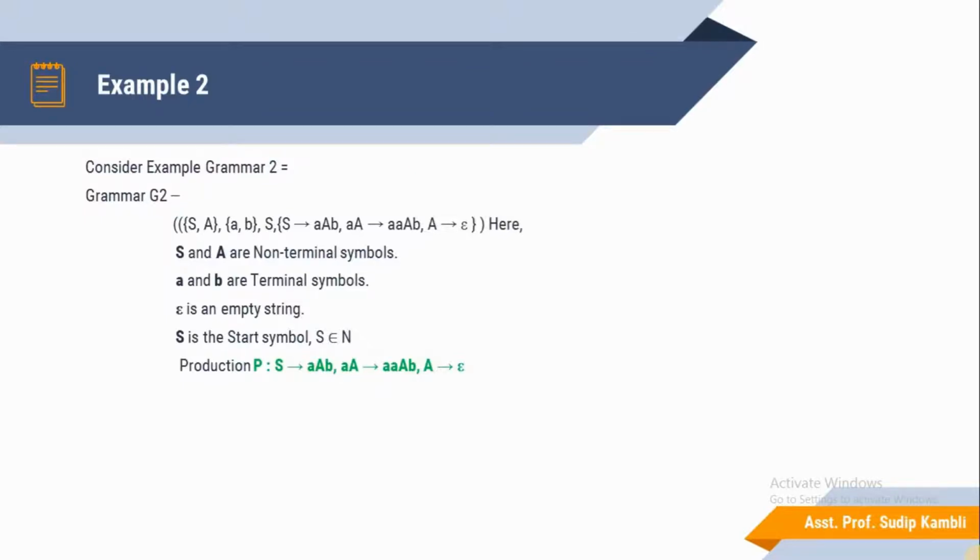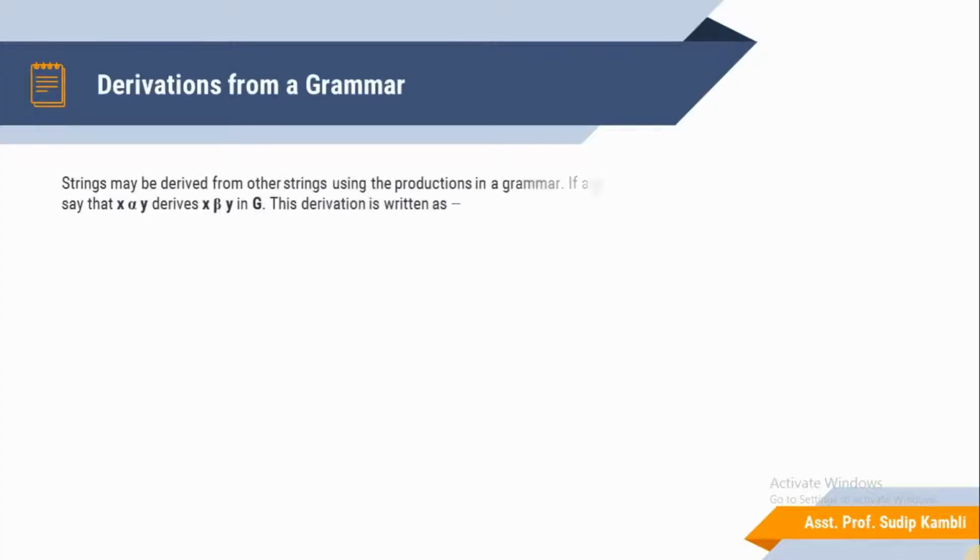In the next point we discuss derivations from a grammar. In this point, a string may be derived from another string using the productions in a grammar. Otherwise, defining some string using productions, how to generate strings, we learn in this video.